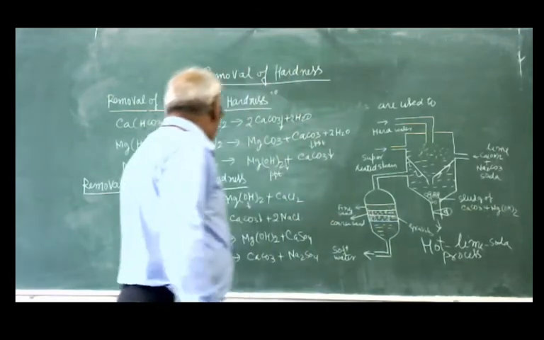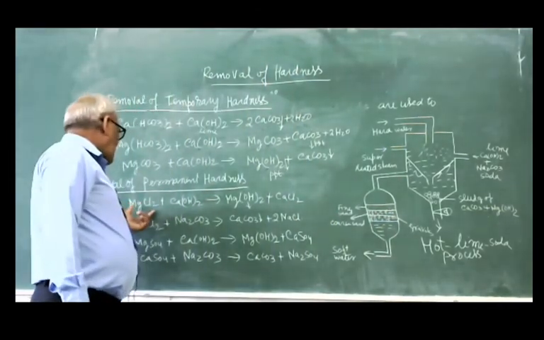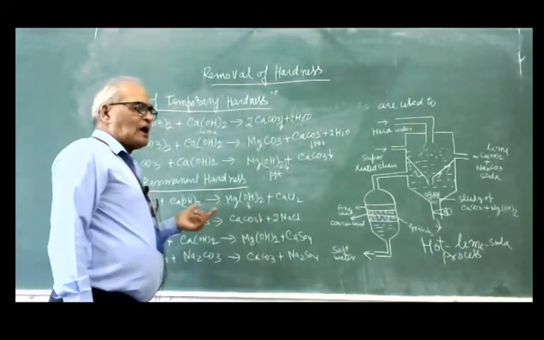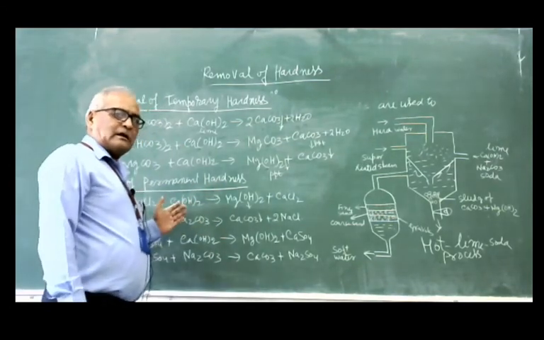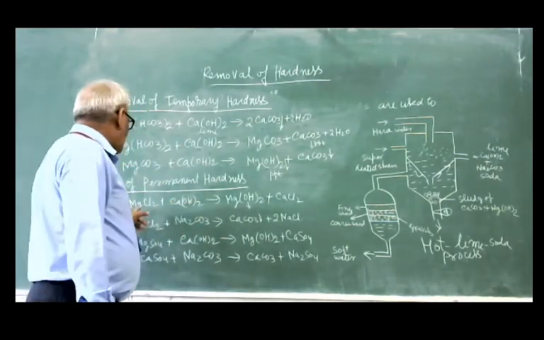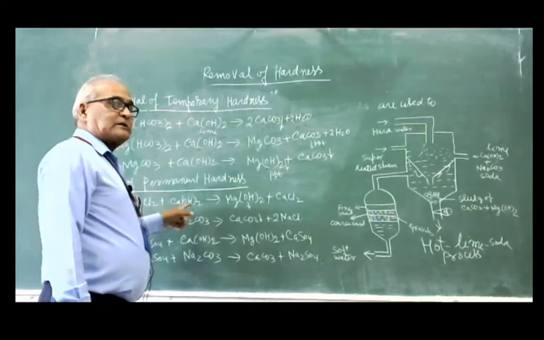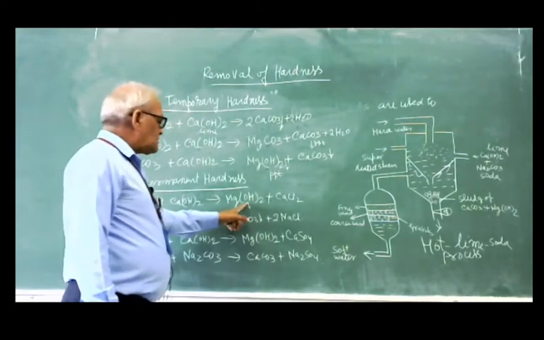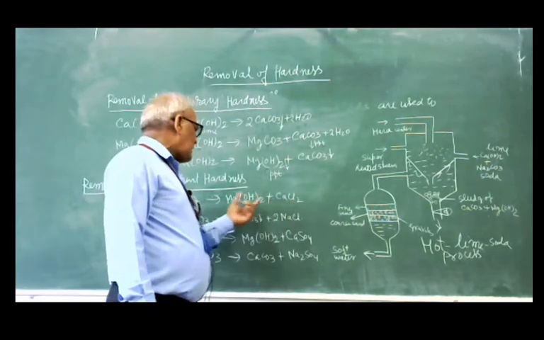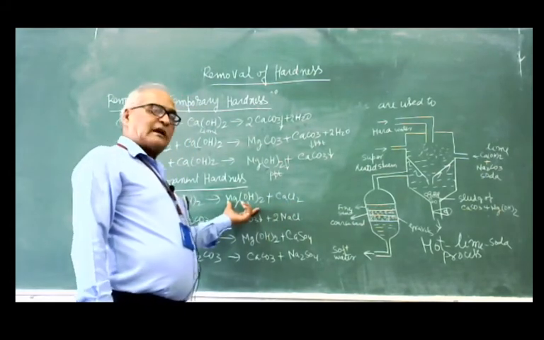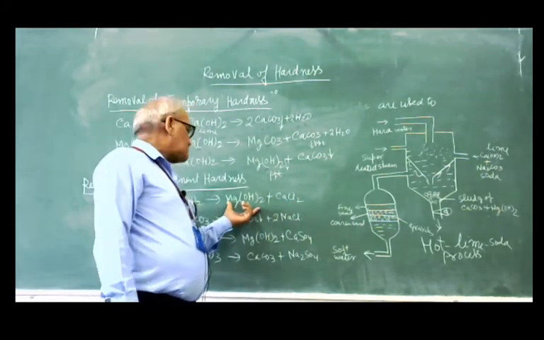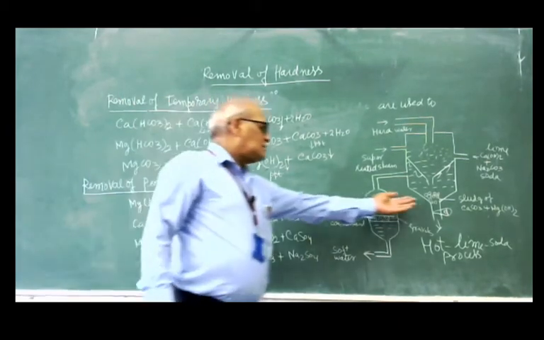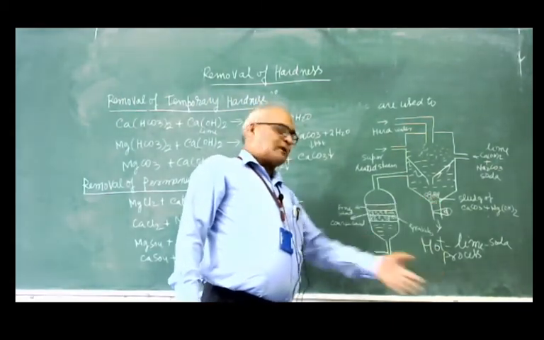Just see here. Suppose magnesium chloride is dissolved in water, creating permanent hardness. Magnesium chloride reacts with the calcium hydroxide, lime, giving magnesium hydroxide and calcium chloride. This magnesium hydroxide precipitate is formed, it will deposit here, and you can remove it.